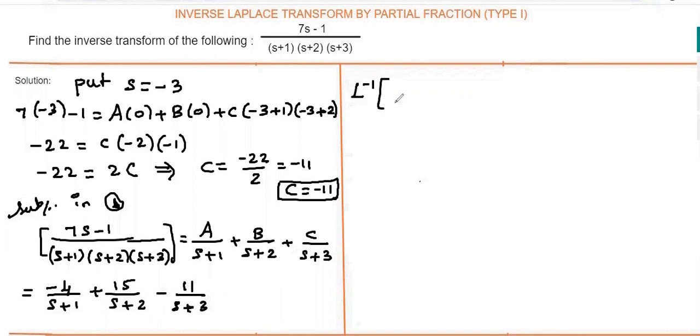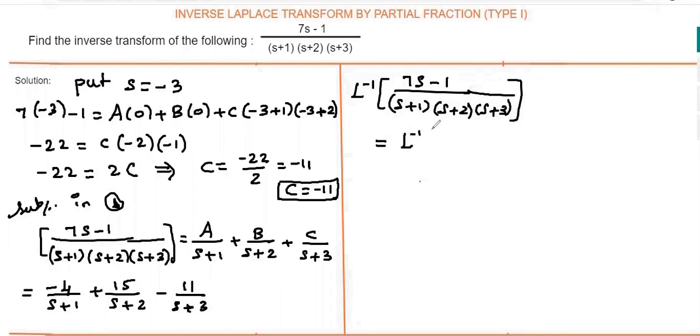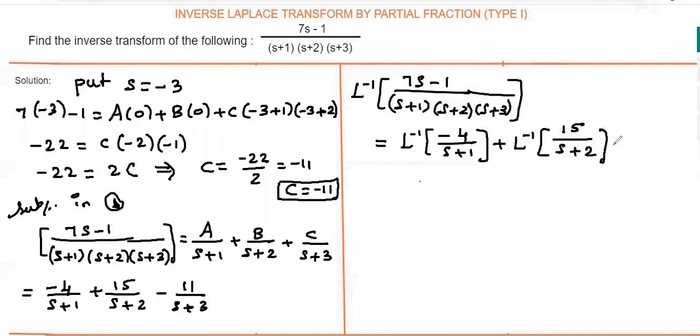So Laplace inverse of 7s minus 1 over s plus 1, s plus 2 and s plus 3 is Laplace inverse of negative 4 by s plus 1, plus Laplace inverse of, I am applying separately, 15 over s plus 2, and minus Laplace inverse of 11 over s plus 3.